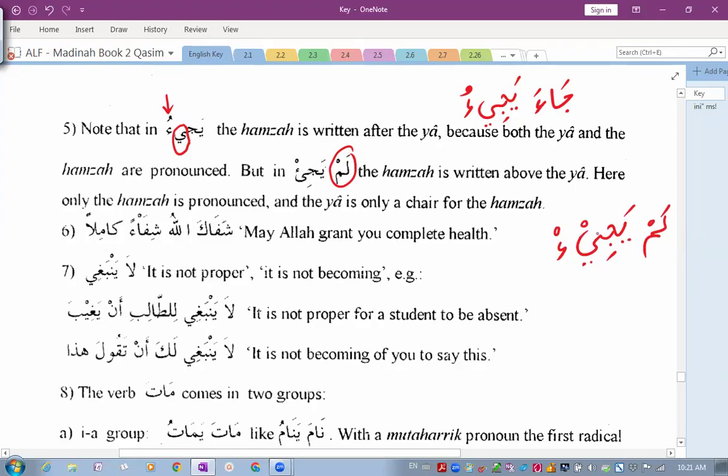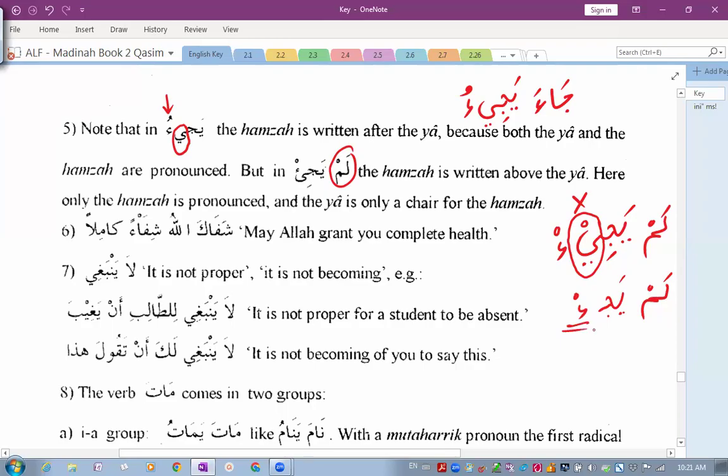Now what happened? You have an iltiqa' sakinain happening. So the ya got dropped, and you have lam, ya, jim and hamza. Ya got dropped because of iltiqa' sakinain. Now hamza has an issue all the time.